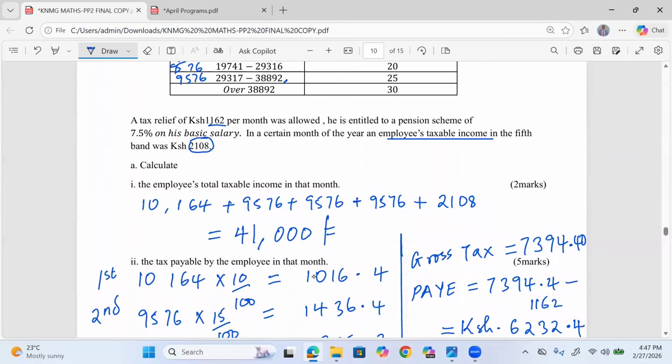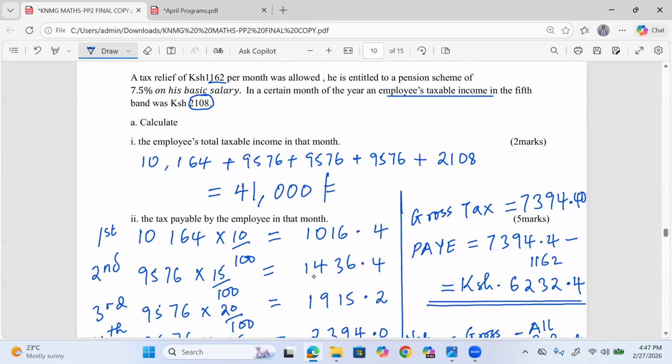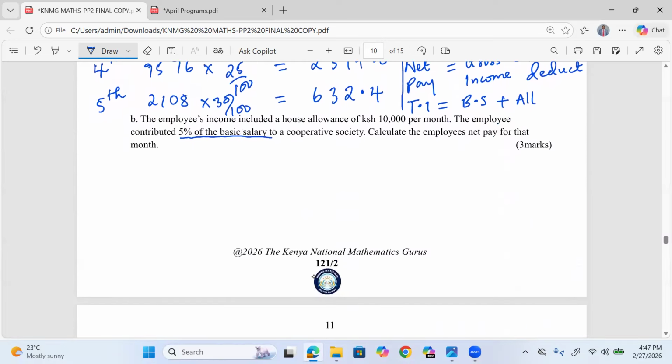So the taxable income, which we will treat as our gross income, is given by basic salary plus allowances, house allowance. We don't have any other allowance, but we subtract 7.5% of the basic salary, which is not part of the taxation.